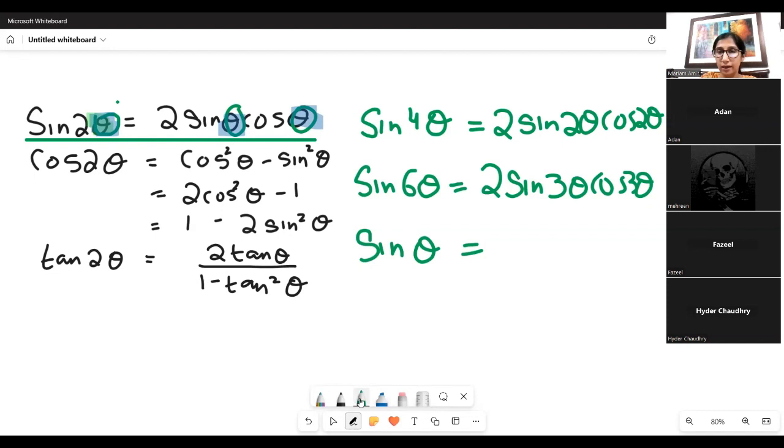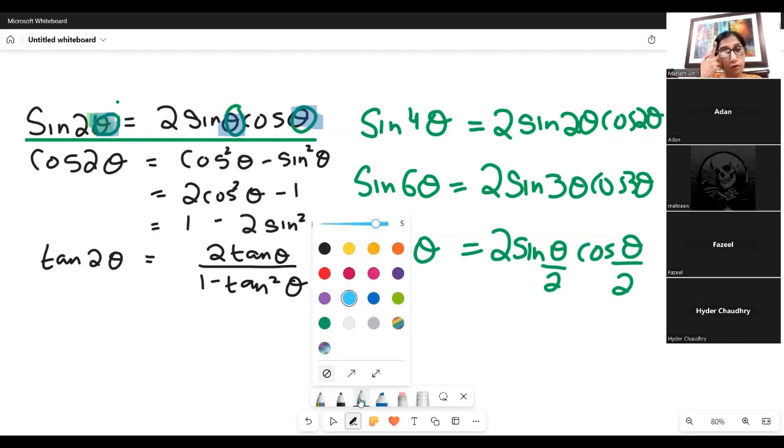What will we write here? 2 sine dash cos dash. 0.5 theta and 0.5 theta, or theta by 2 and theta by 2. So this would be theta by 2 and theta by 2.